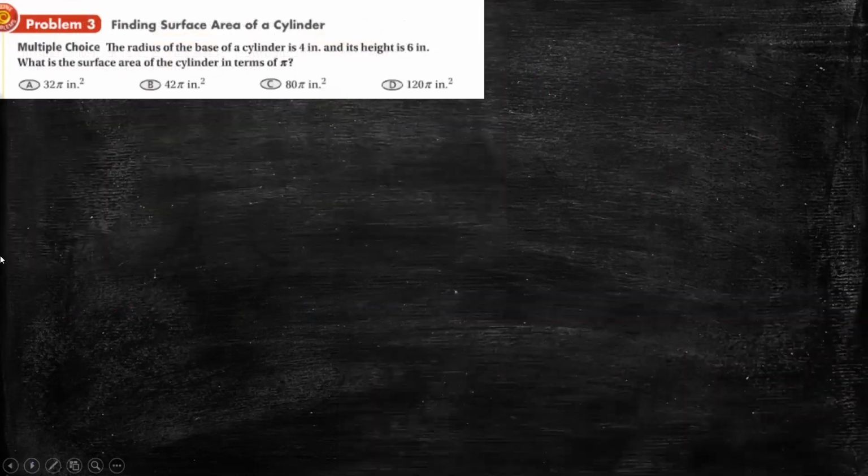Let's have this problem here, finding the surface area of the cylinder. The radius of the base of a cylinder is 4 inches and its height is 6. So here we have a cylinder.